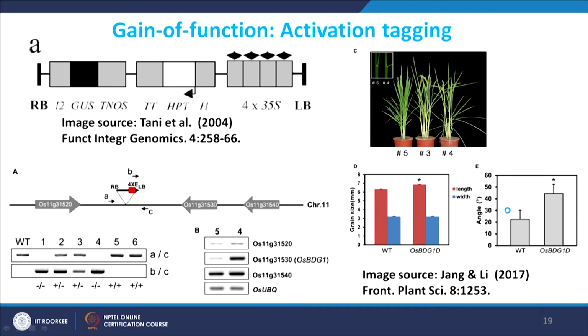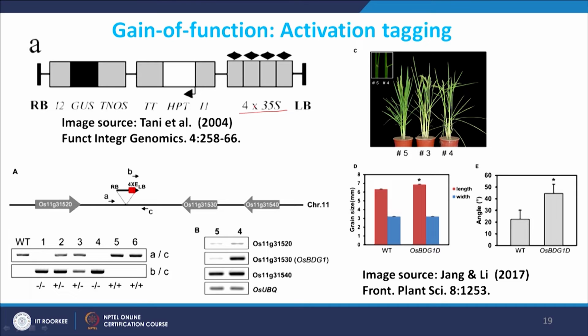So, another way to generate a gain of function mutant is activation tagging. In activation tagging, basically what you do, you take a T-DNA construct and you put multiple copies of enhancer elements. Here you can take a 4x copy of the 35S enhancer element and then randomly throw it in the genome, and it will integrate.